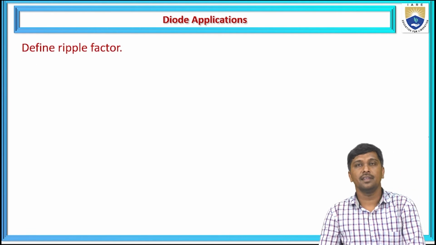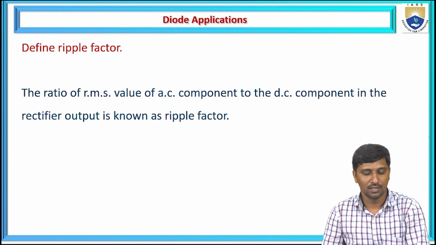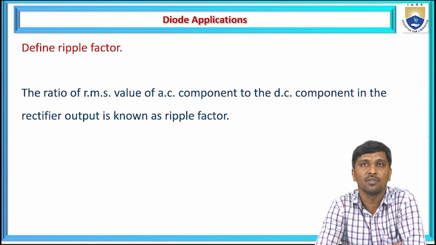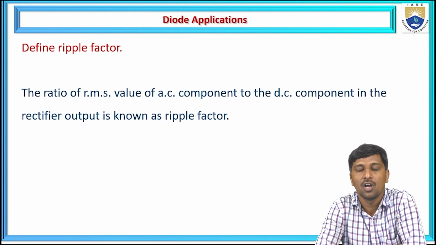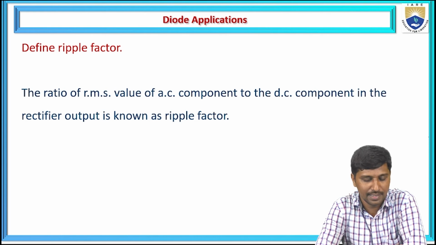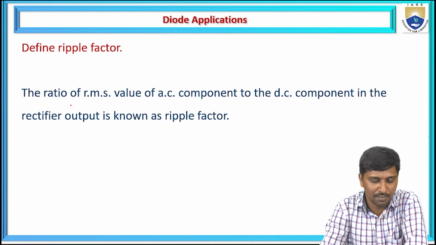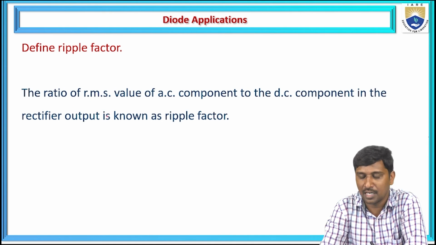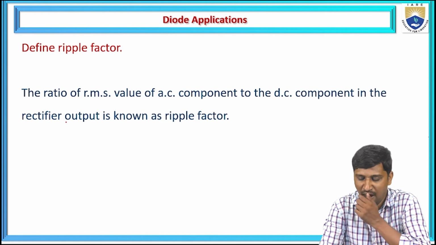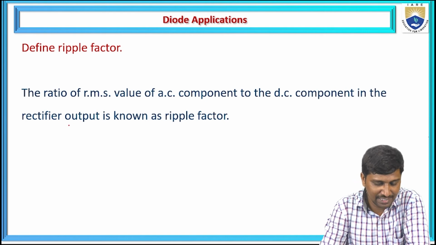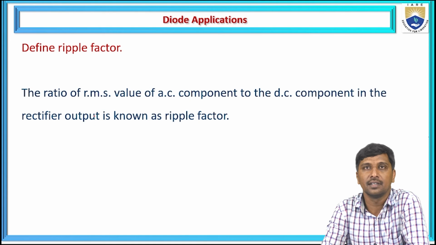Now define ripple factor. By using the ripple factor, we identify how much AC ripple occurs in a pulsating DC output. It is found mathematically as the ratio of the RMS value of the AC component to the DC component in a rectifier output, and that is known as the ripple factor.